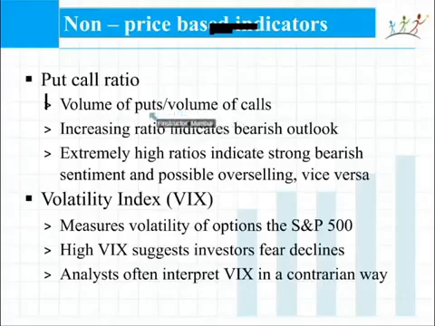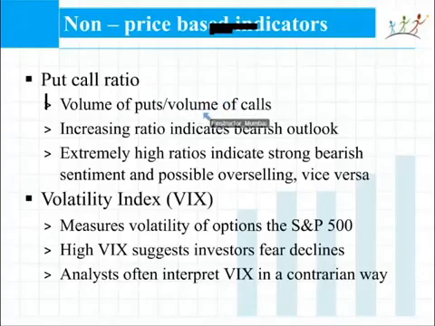So if this ratio is high, that means people are buying more puts than calls. That means the outlook is bearish. Bearish outlook means the prices are expected to fall, and bullish outlook means that the prices are expected to rise.